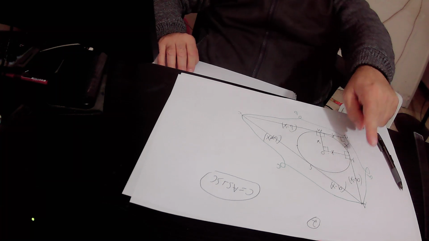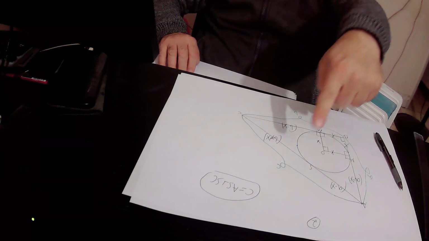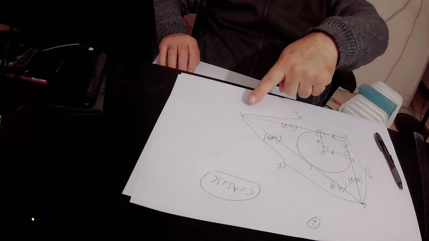So the hypotenuse AC, which is equal to C, in total is equal to AS plus SC.